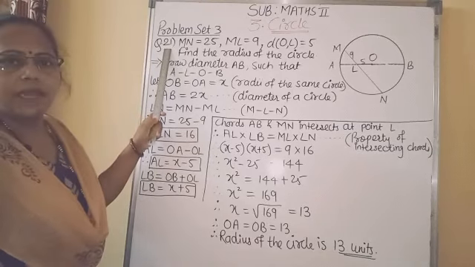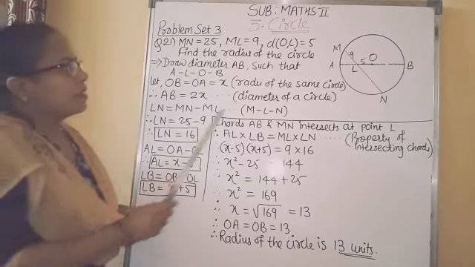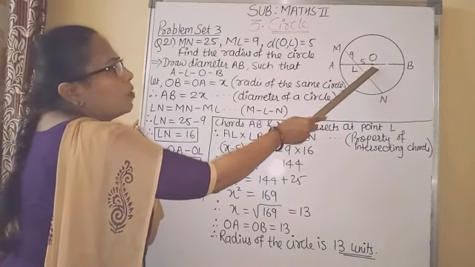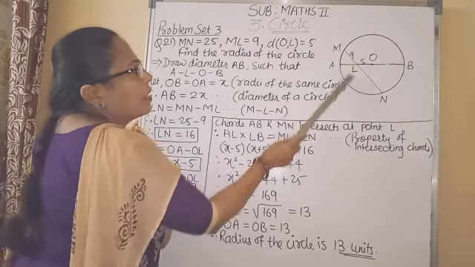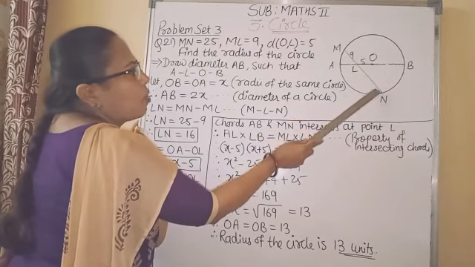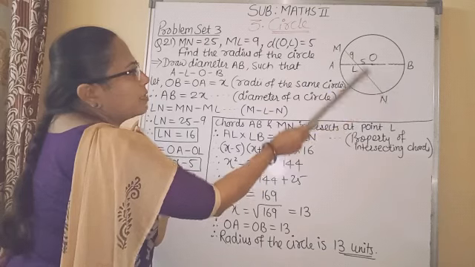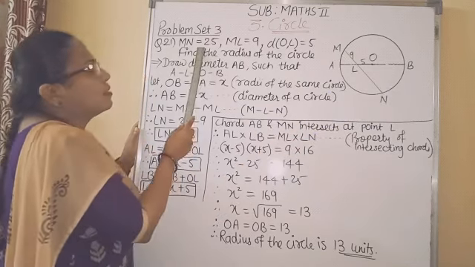Question number 21. In this figure, O is the center of the circle, MN is a chord, and the length of chord MN is given as 25.